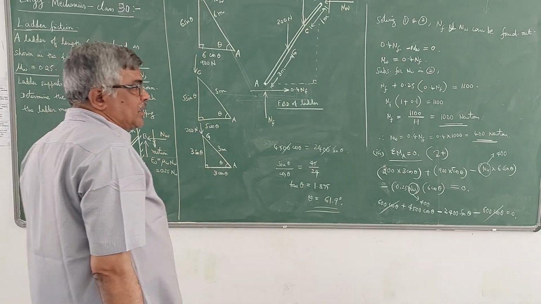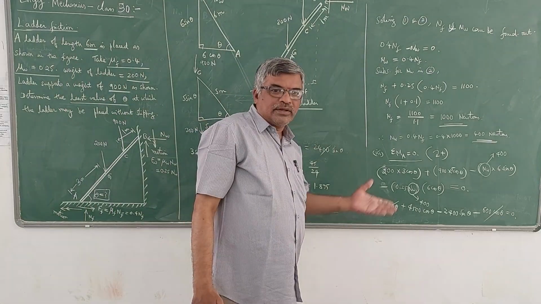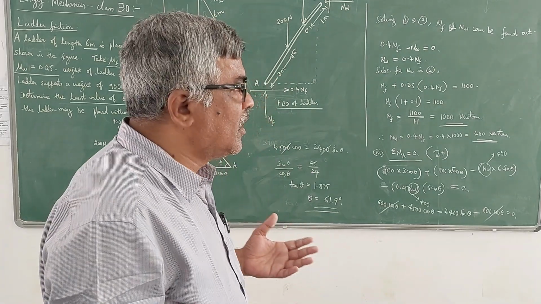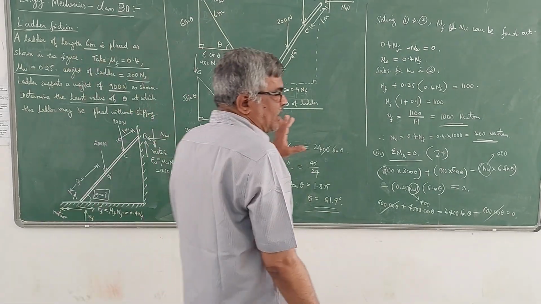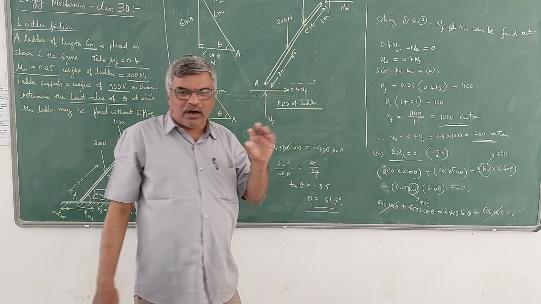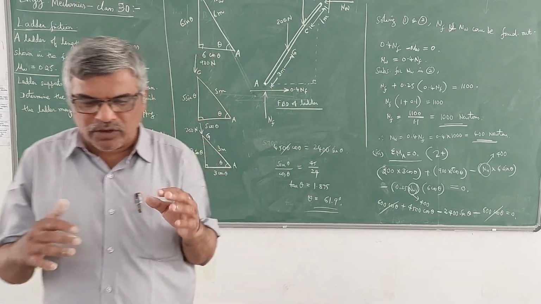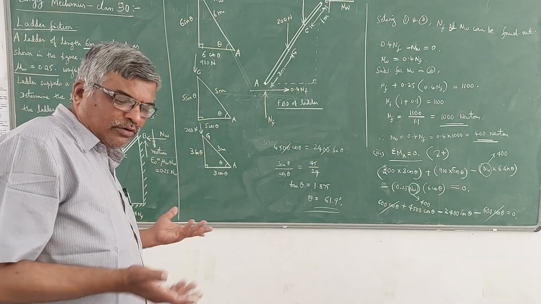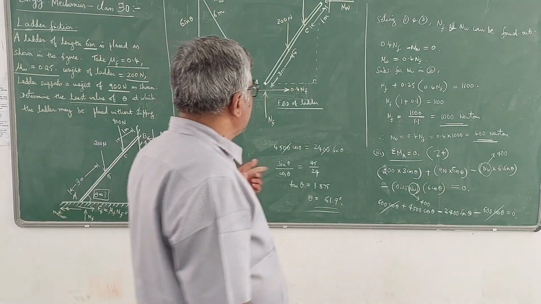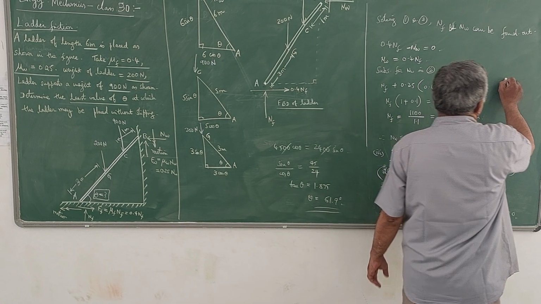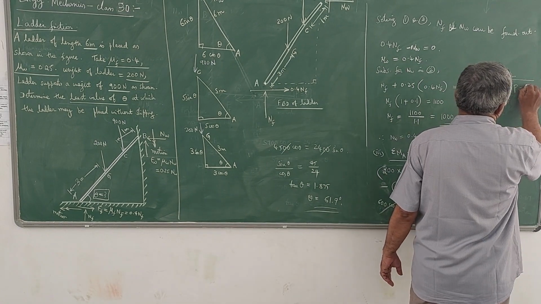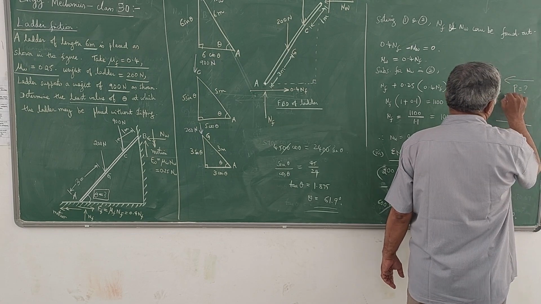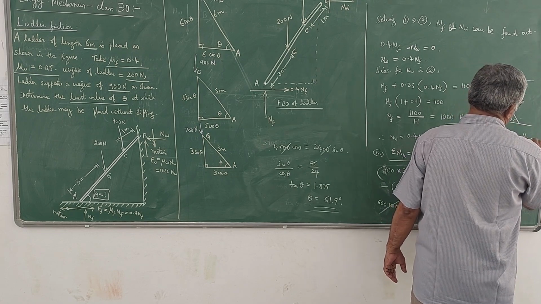You have to write down the equations and solve the 3 equations to get 3 unknowns. Among those 3 unknowns, always 2 unknowns will be NF and NW. Please note, always NF and NW are 2 of the unknowns. In addition to that, one more unknown will be there. That one more unknown can be the horizontal force P applied at the bottom of the ladder, or the inclination of the ladder theta, or mu f or mu w.